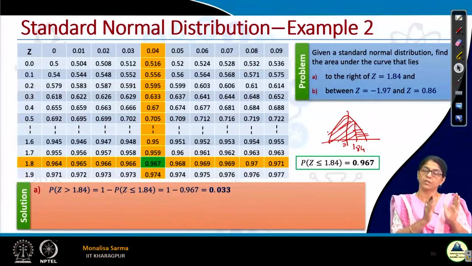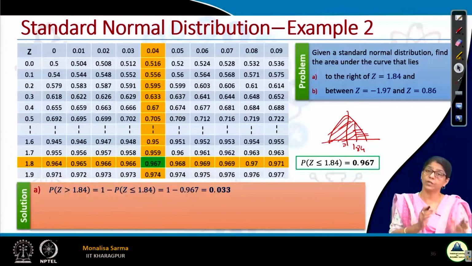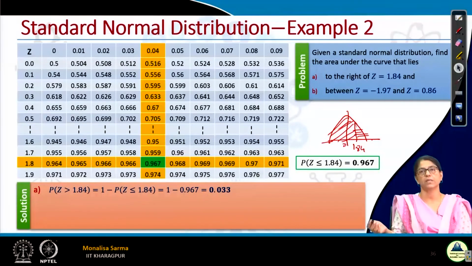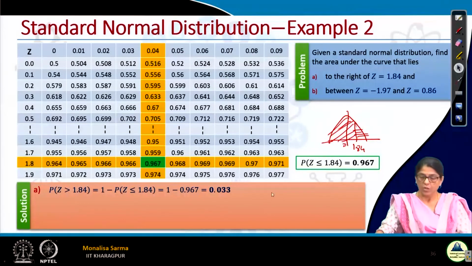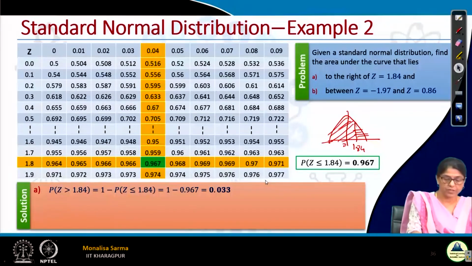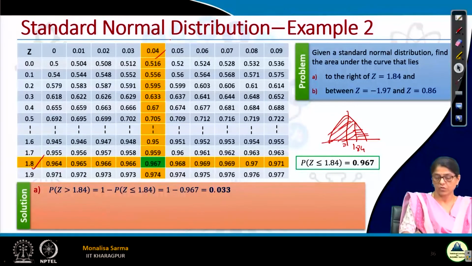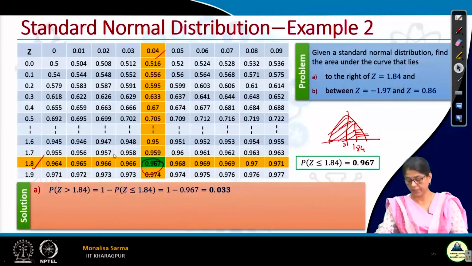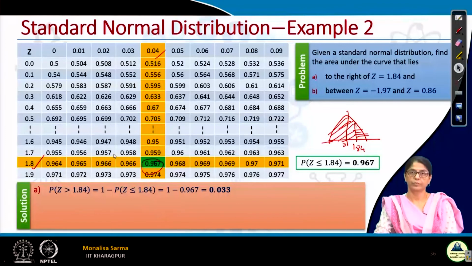The table is cumulative, from minus infinity to 1.84, but I need the area to the right, so 1 minus that will give me this value, right. So, here you see, it is 1.84: this is 1.8 and 0.04 will make it 1.84. So, I got this value, then 1 minus that is the value I needed, right.